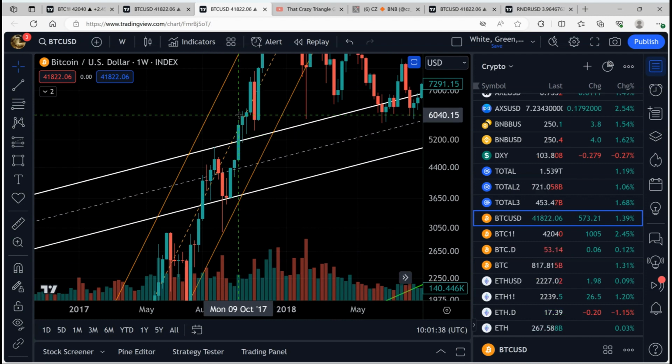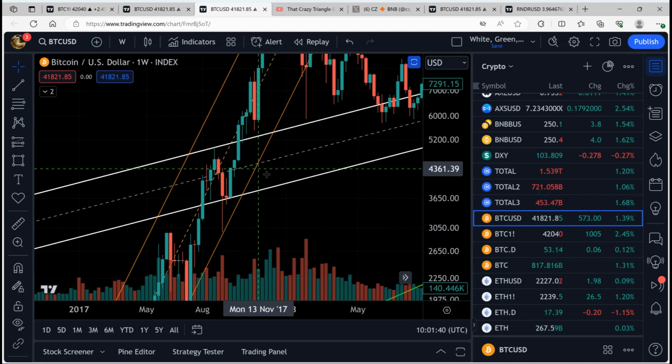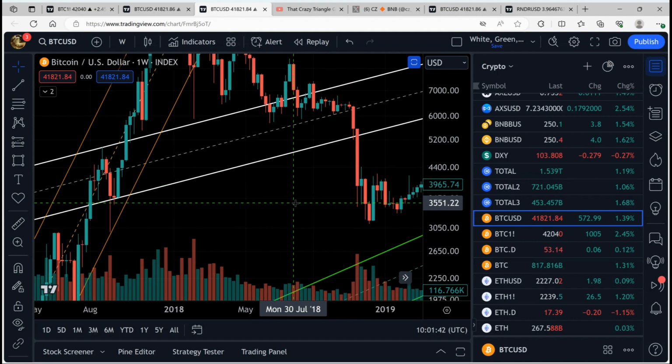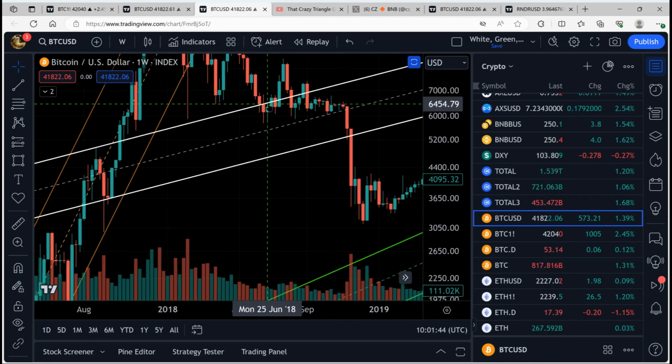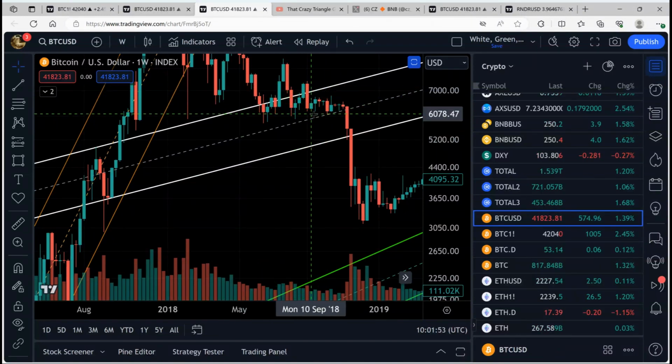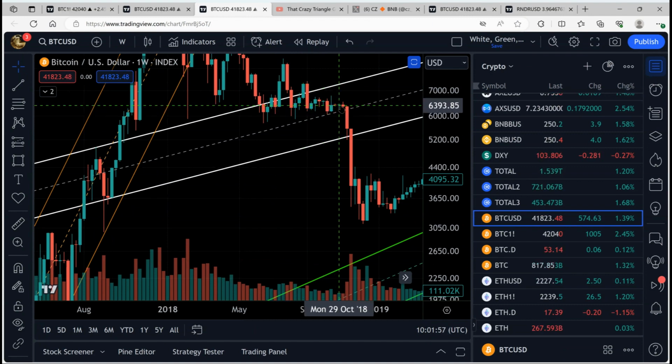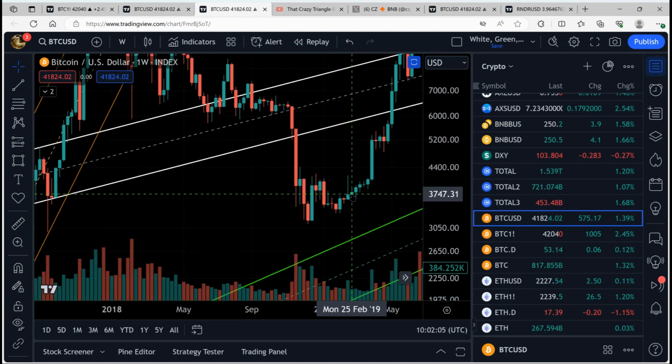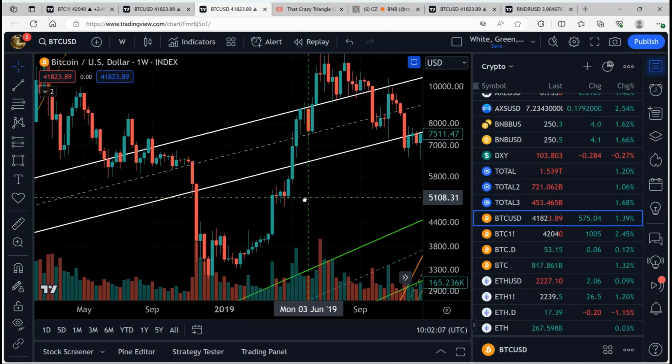We broke through it, came back, tested as support there. Kind of snaked in and out of it here, didn't know really what to do. But it's clear the importance of this line and the center line here. And look at how we tried to hold support on the center line and then fell through it. And when we broke that, we dumped. So that is a significant line.